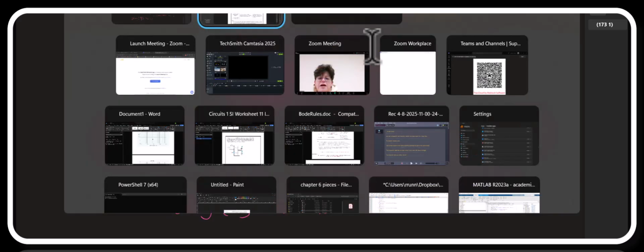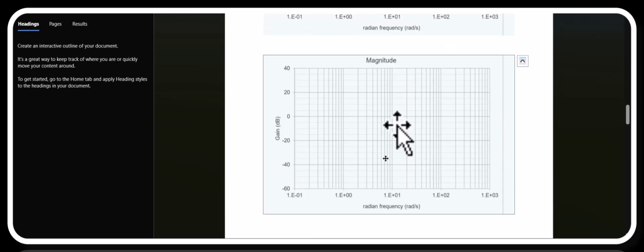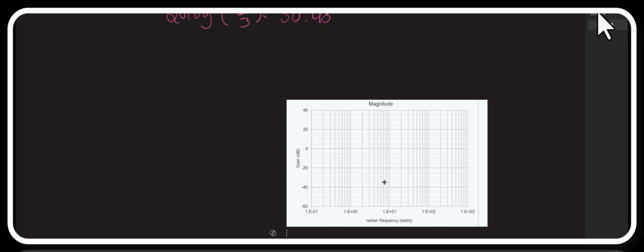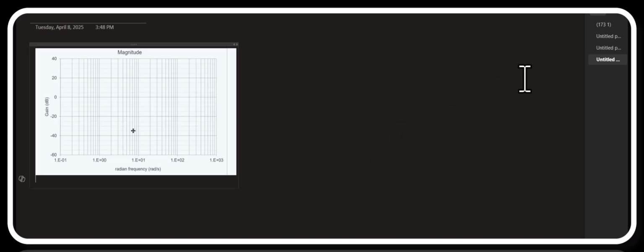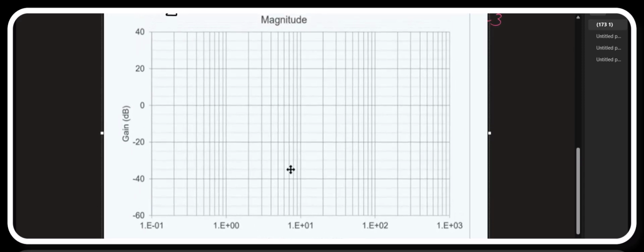So that's going to be the first thing that I put on my plot. Okay, so I put a horizontal line at about 30. And that's my constant term.